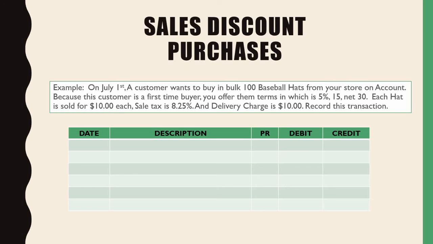Now in this case, because this is offered to anybody that is going to be using their account, any customer that is going to be purchasing their items on an account, then you have the right to give each and every single customer terms. So this isn't a special case per se.